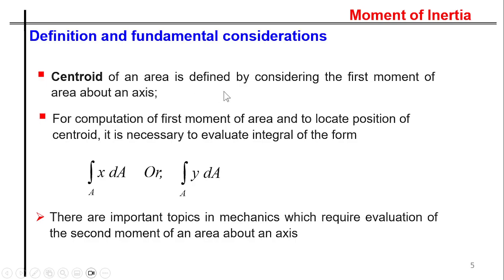Now, centroid is nothing but the point defined by considering the first moment of an area. Sometimes this first moment of area is not going to be sufficient for us. Earlier, when I explained to you about axis of symmetry, I mentioned that the first moment of area can be zero sometimes. If the first moment of area becomes zero, that is going to be a difficult task for me.